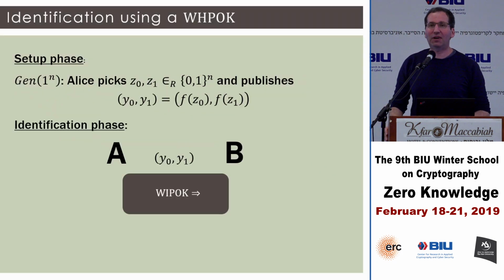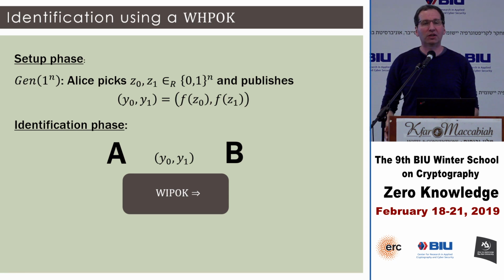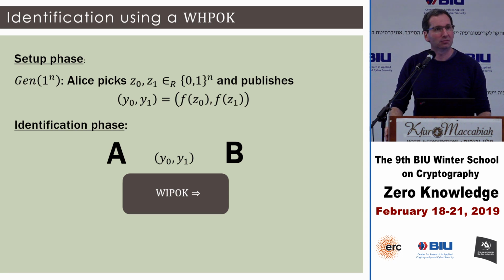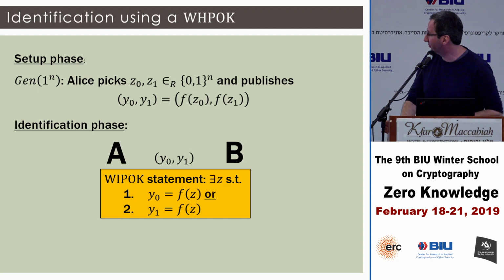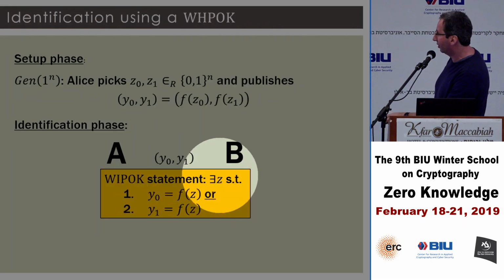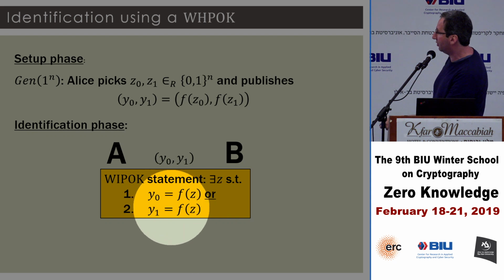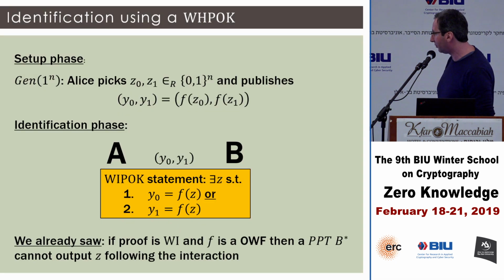And when she identifies, she proves in a witness indistinguishable manner that she knows a pre-image either of y0 or of y1. The statement is this: she knows there exists a z, so that either f of z equals y0 or f of z equals y1.